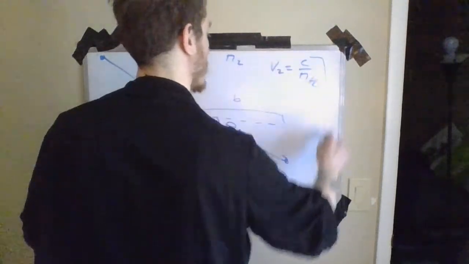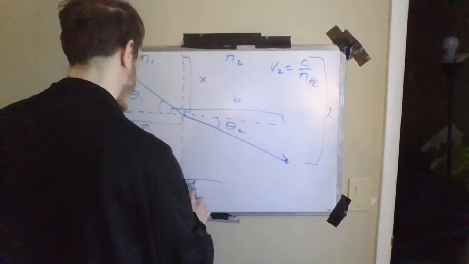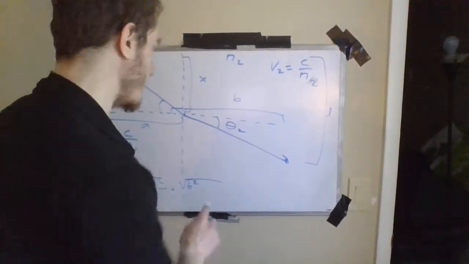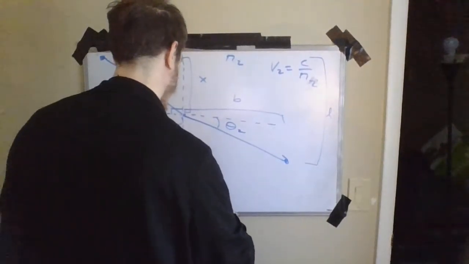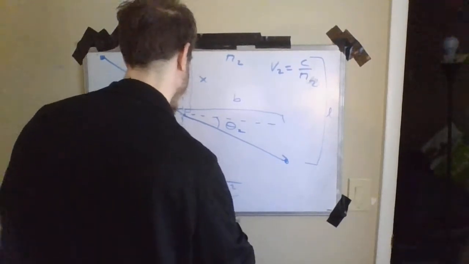This total distance here is going to be L. This will be the square root of b squared plus L minus x squared, divided by v2.